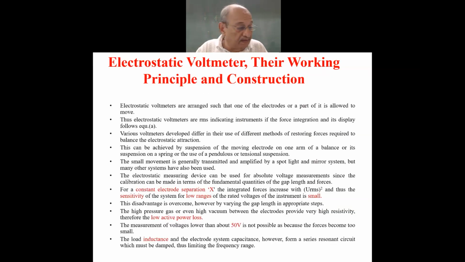We can discuss these points that have been sorted out for you for the arrangement of the electrostatic voltmeters. The electrostatic voltmeters are arranged such that one of the electrodes or a part of it is allowed to move. As I mentioned, normally the high voltage electrode is fixed and the ground electrode can move to set the gap distance between the two plates for the desired range of measurement of the magnitude of the voltage.